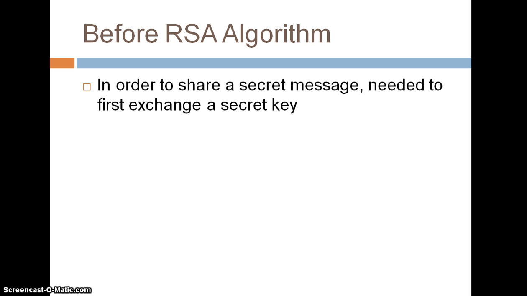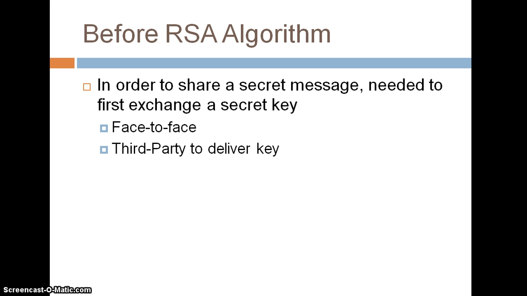Some solutions to this problem were exchanging the key face to face. So if I wanted to give somebody in California my secret key, I would fly out to California and meet with them in person. It's obviously not a very efficient or cost-effective method.